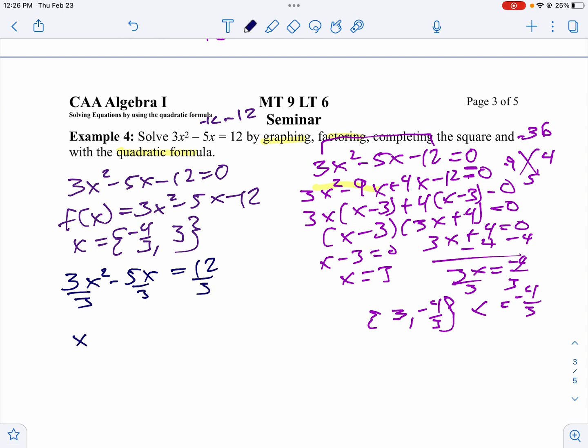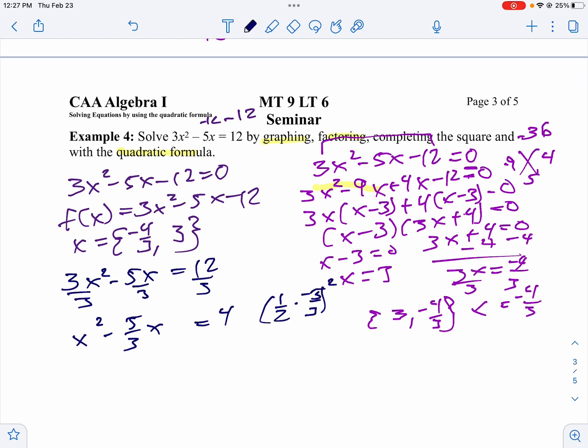So I'll go x squared minus 5/3 x equals 4. Then I'll complete the square. I'll take half of my middle term, which is negative 5/3, and I'll square that.